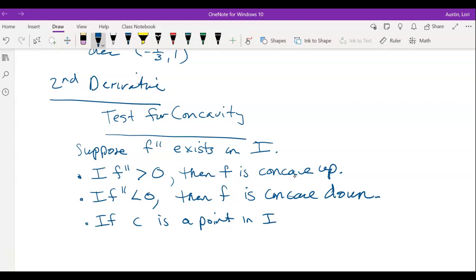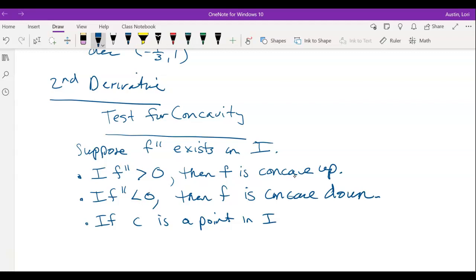It's decreasing to increasing, but they're both concave up. Okay? So minimum values are going to be concave up surrounding that C. Maximum values are going to be concave down surrounding that C. So that means you're going to have the same sign, negative or positive on either side of the C.